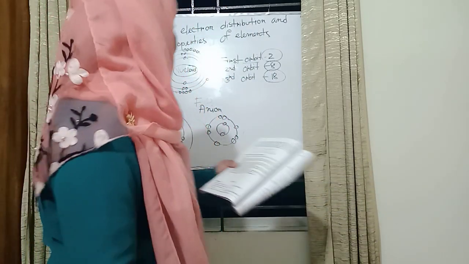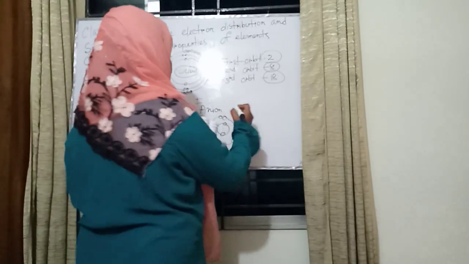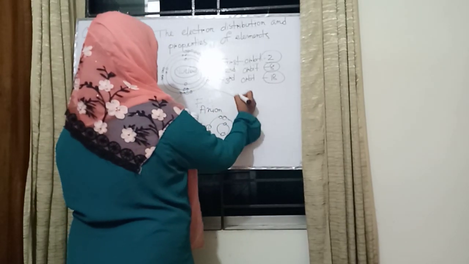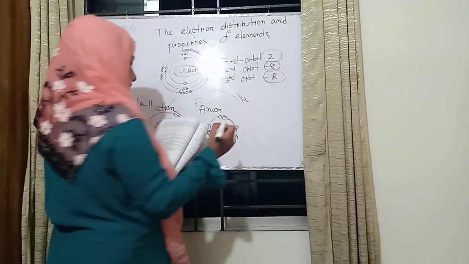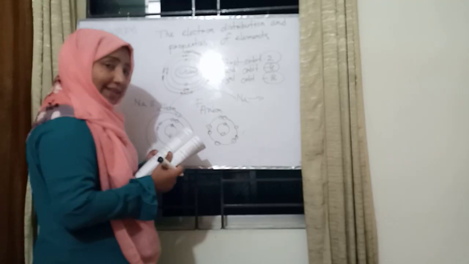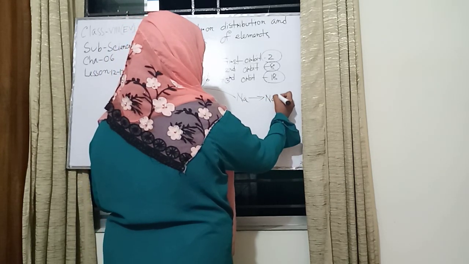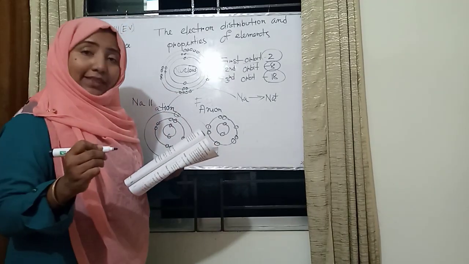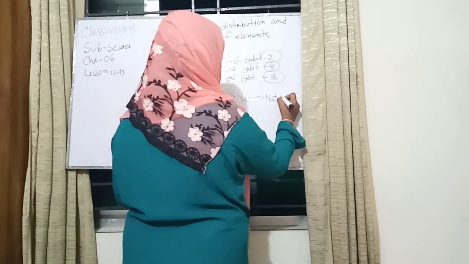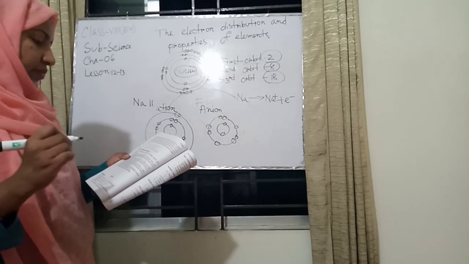My dear students, here is the sodium. Again, I draw this structure. Here is the sodium, and the sodium gives away the one electron. Then it has the positive charge. And the second structure is the fluorine.